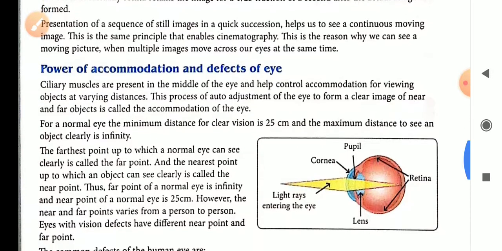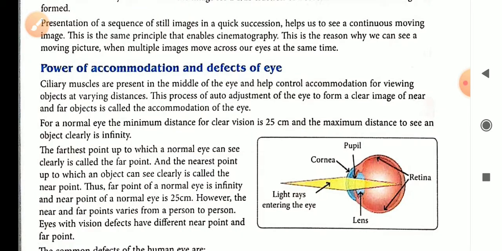Next is power of accommodation and defects of the eye. Yesterday I explained power of accommodation. This is the property of the eye by which it is enabled to make us see distant objects and nearby objects at the same time.